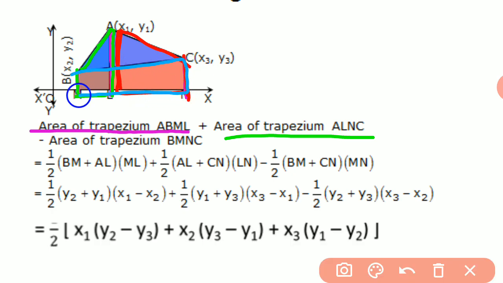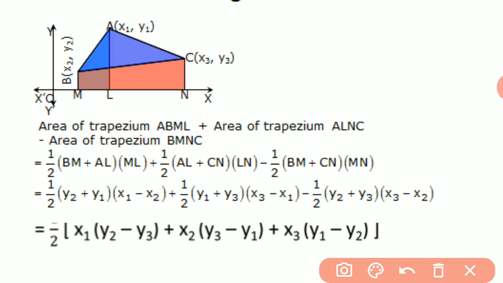Here this line is parallel to this. Then we will get the portion of the triangle, that is, the sum of two trapeziums minus the area of this third trapezium.